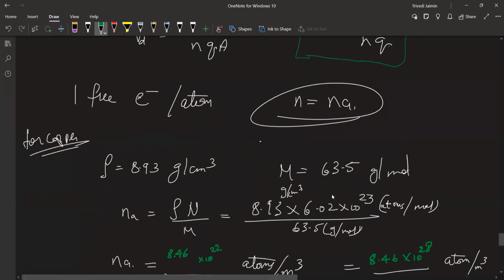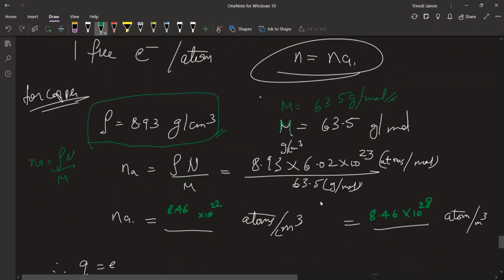To find this, for the density of copper we have 8.93, which would normally be given in the question. M is the molecular mass, 63.5 grams per mole for copper. These two values are for copper. So Na equals rho N by M, density and Avogadro number over molecular mass in grams per mole.